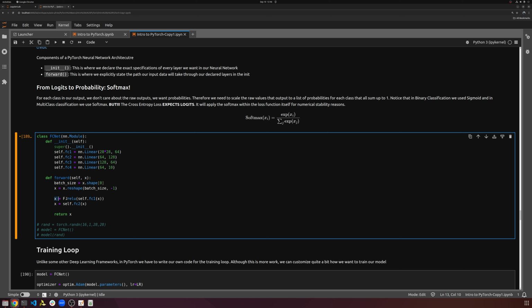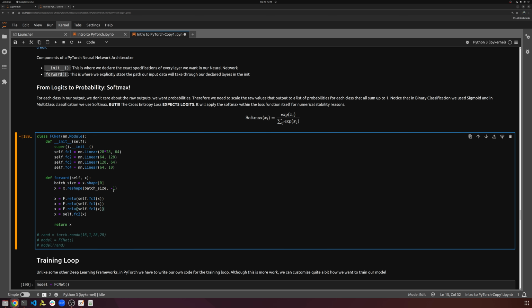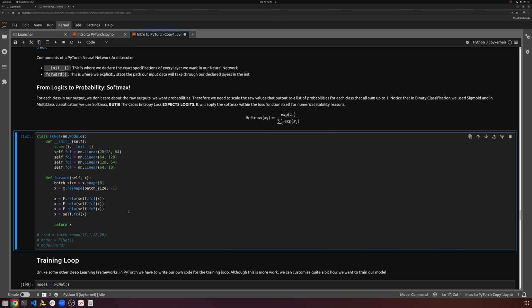So we add in a couple layers, fc2, fc3, and then fc4. All right, so what happened? We have a linear layer, we pass our data, ReLU. Second linear layer, pass our data, ReLU. Repeat this over and over again, and then the output will not have an activation because PyTorch will add the Softmax to it in the loss function, so we don't have to worry about it.